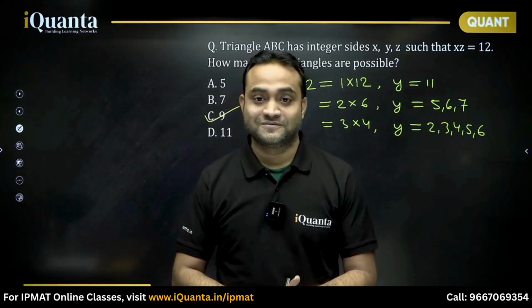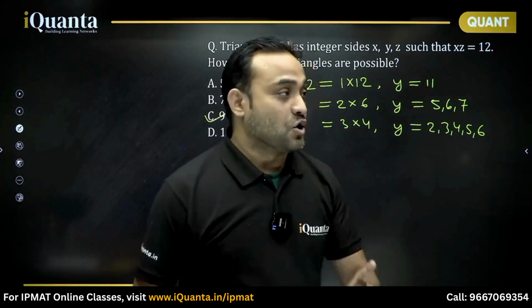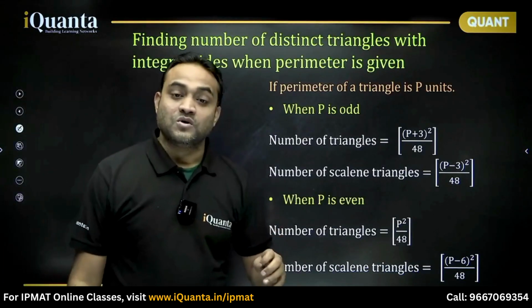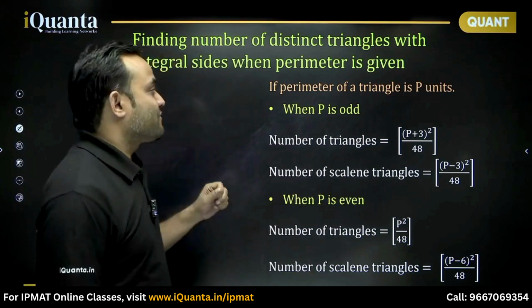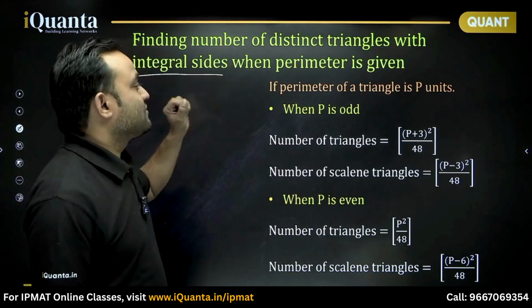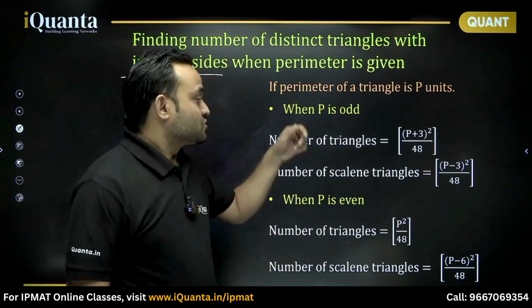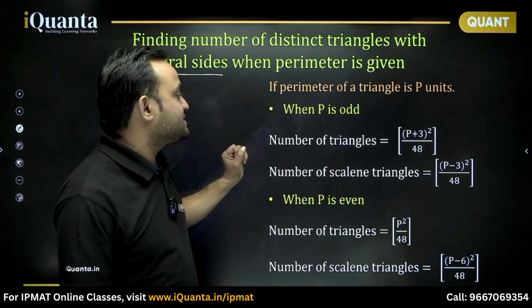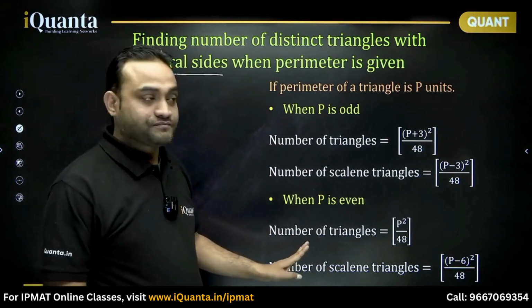Right. So now after this, one very interesting part that you must have learned from this video: finding the number of distinct triangles with integral sides when the perimeter is given. We have already discussed this, but I have compiled this for you guys to note down.